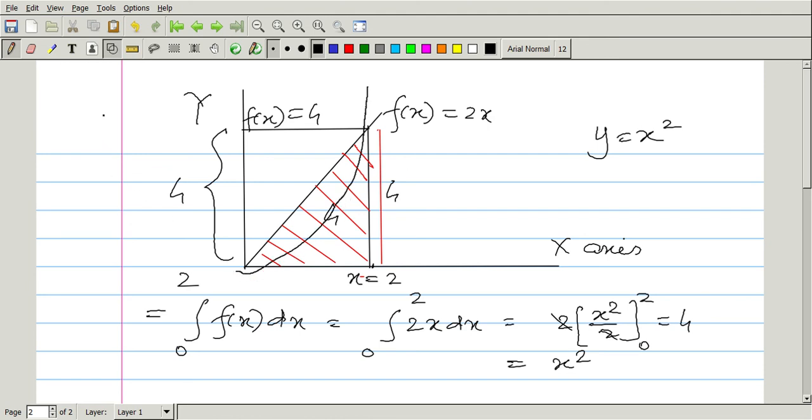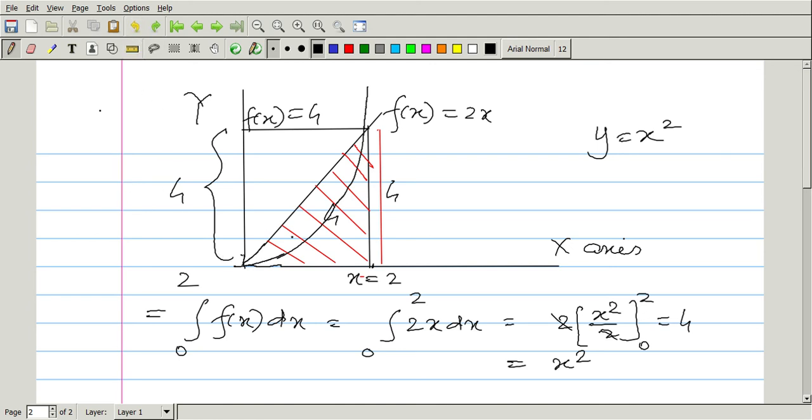Well, that's how the parabola maybe looks. A little correction maybe. This is our required parabola, y is equal to x square. It represents the area function below the line.